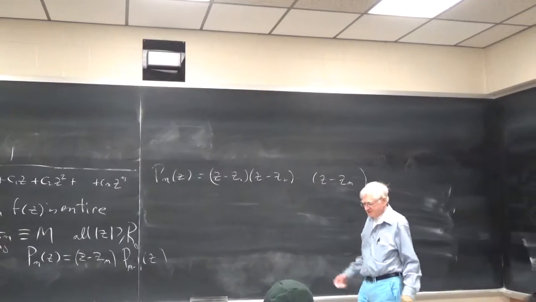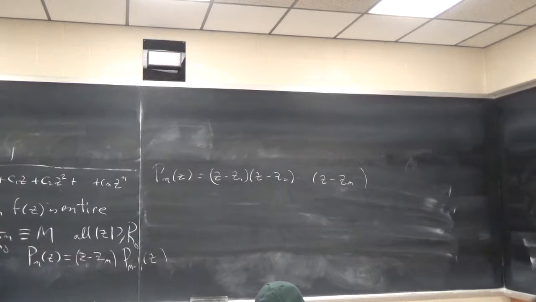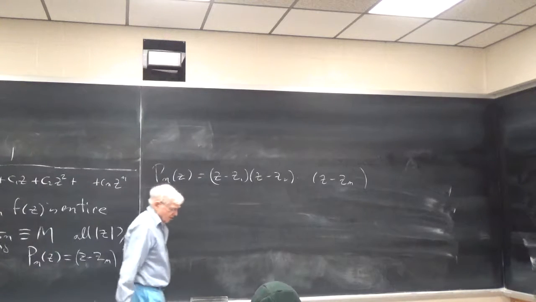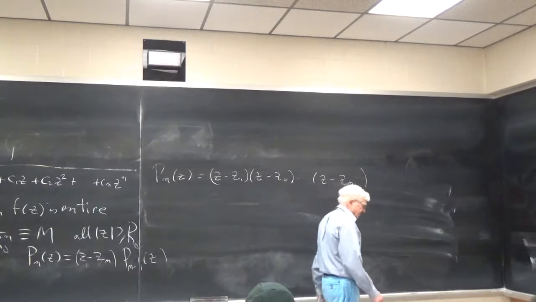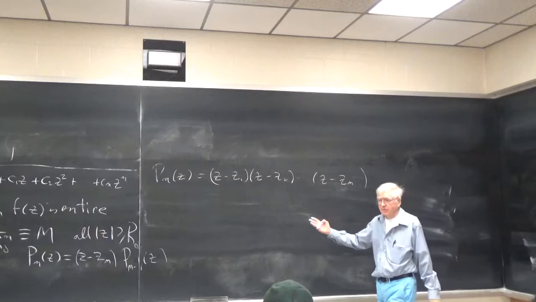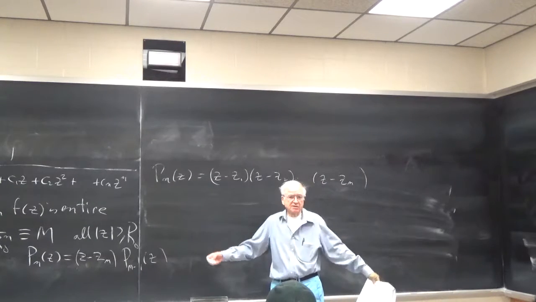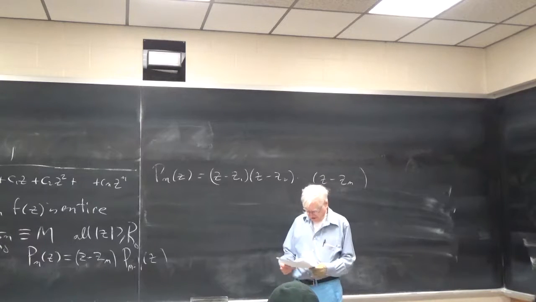So in this way, Gauss proved that every polynomial has n roots somewhere in the complex plane. And our formula for the quadratic equation then gives us, in general, two solutions that, in nice cases, are both real, but in general, they're complex.